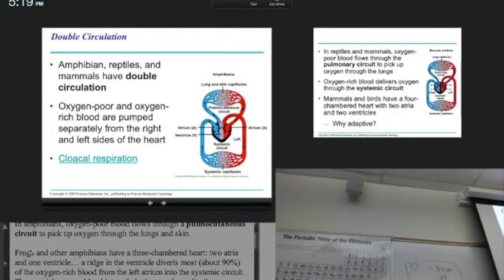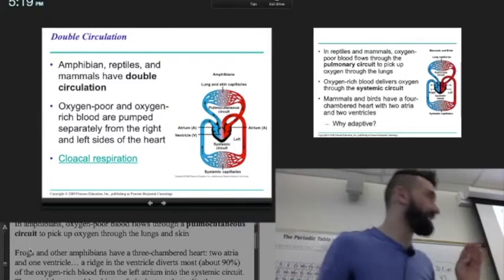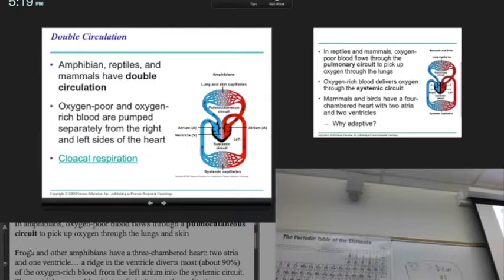I won't ever ask you to explain in detail about that, but essentially they can shut off the exchange with the lungs and only continue exchange with the skin capillaries. Again, it's that incomplete seal between these two chambers that facilitates that.